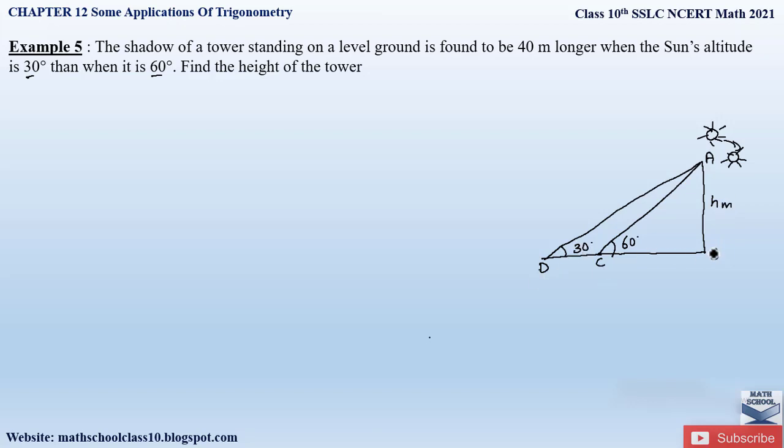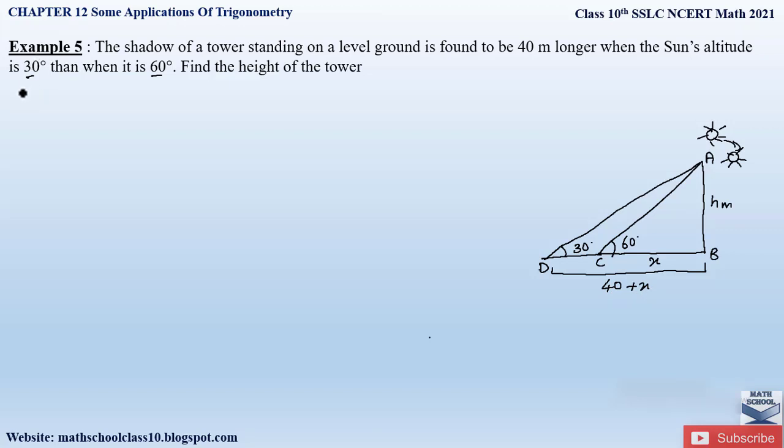Here let us assume this BC value to be x, and therefore our BD value will be 40 plus x, because the shadow is 40 meter longer when it is 30 degree than when it is 60 degree. So there is a difference of 40 meters. When the sun's altitude is 60 degree we assume the shadow to be x meters, and when it is 30 degree, it is 40 meter longer, so we are adding 40 plus x.